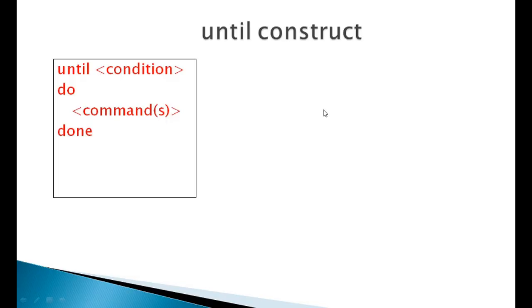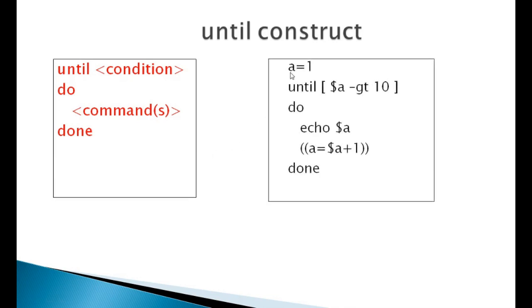We are going to see the until construct. Until condition, do, commands, done. So the set of commands given here will be repeatedly executed until this condition is true. Once the condition becomes true, control will come out of that. It is the opposite of the while loop. Here a is equal to 1, until a is greater than 10, we are going to do that.